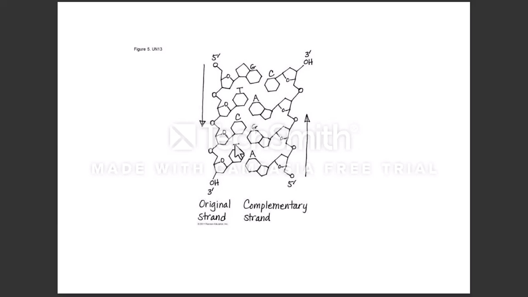These nitrogenous bases are bound to the sugar backbone, and this sugar on its turn is bound to a phosphate group, and this forms what we call a nucleotide. In between these two nucleotides there is this bond that we call the phosphodiester bond.